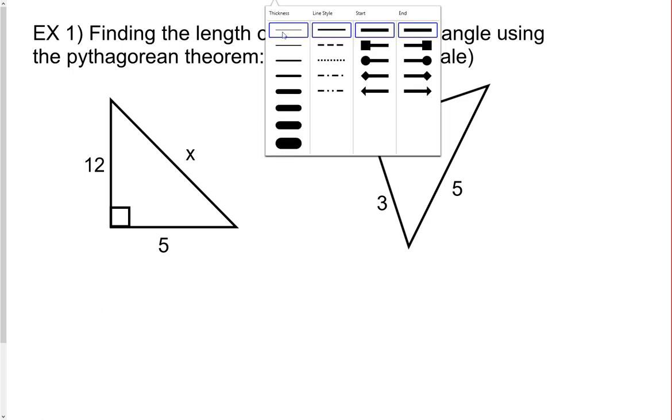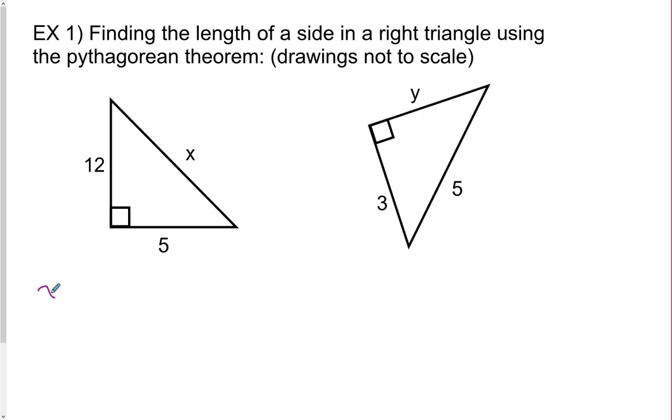I'm going to start here, and I'm going to do my first one. So I'm going to say, okay, I know that my hypotenuse side, in this case, it's labeled as x. If I square that, it's going to be equal to my other two sides squared and added together. And I recall that I might need a calculator for some of these.